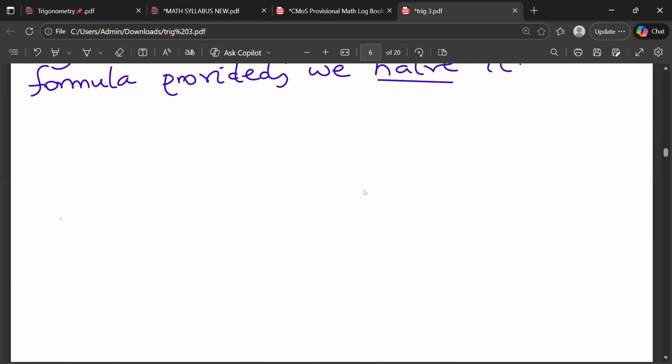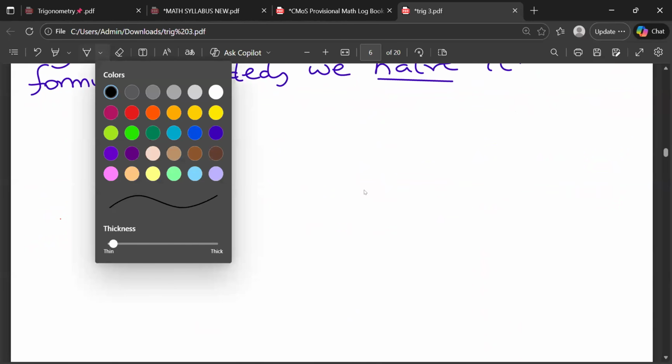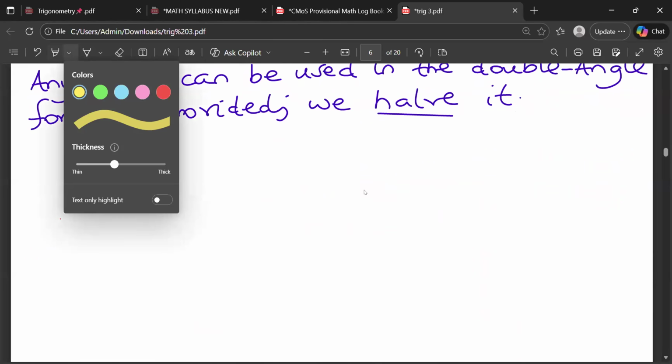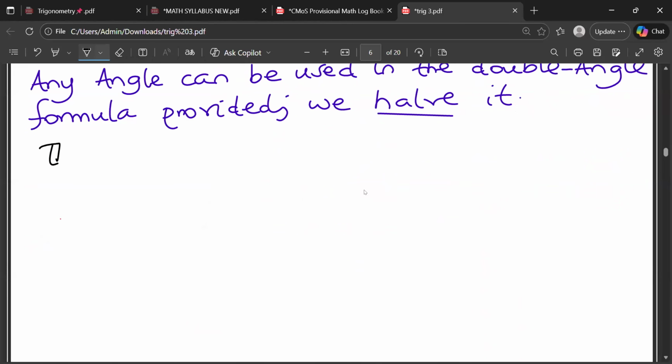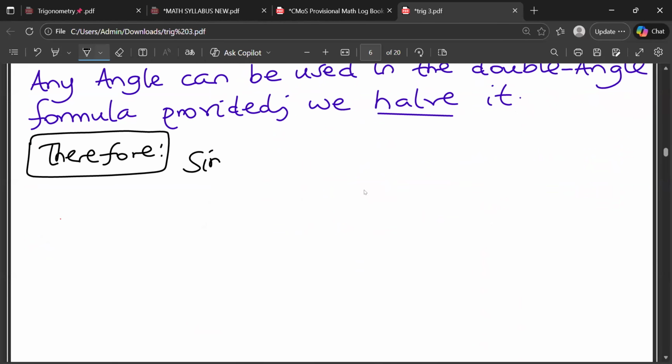So therefore we begin. I think this is what is going to make the point more clear and stronger. What if you're having sine 4a like this? Well, let me first make you recall the first one of 2a that we dealt with, because it's the one that will make you understand.